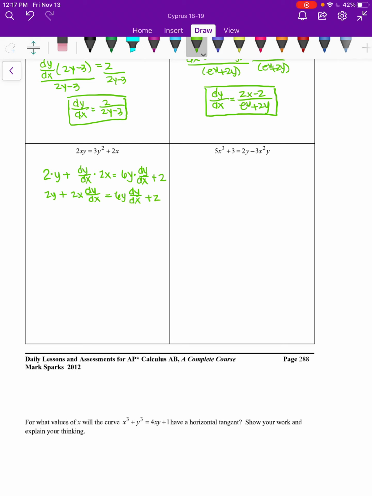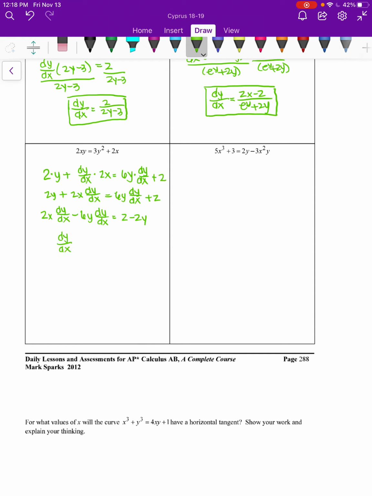We want all of our dy/dx's on the same side and everything else on the other. So I'm going to subtract 6y dy/dx from both sides and subtract 2y from both sides. So I'm going to end up with 2x dy/dx minus 6y dy/dx equals 2 minus 2y.